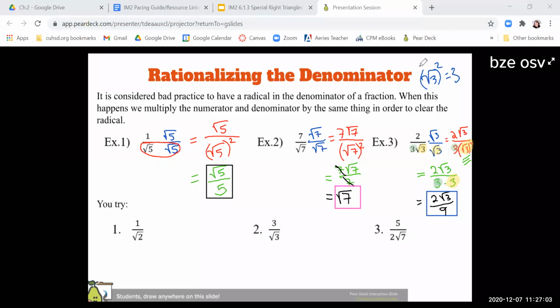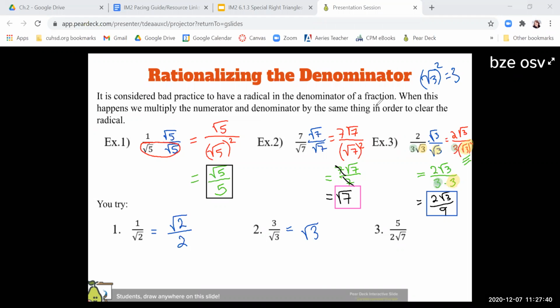Okay, we're going to check our answers. So on number one, you should have multiplied by root 2 over root 2, and the answer is, oops, I'm still in highlight mode, sorry. The answer is root 2 over 2. For number 2, we multiply by root 3 over root 3, and we end up with 3 root 3 over 3, which is just root 3.